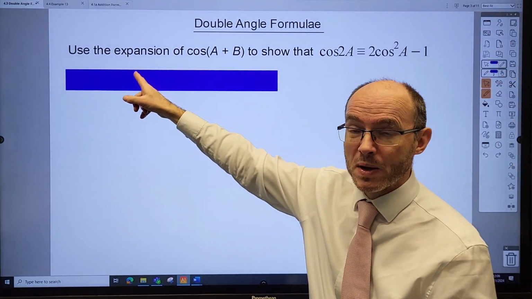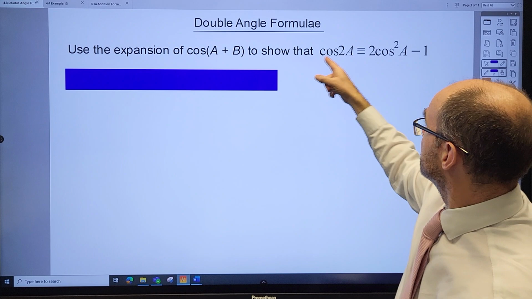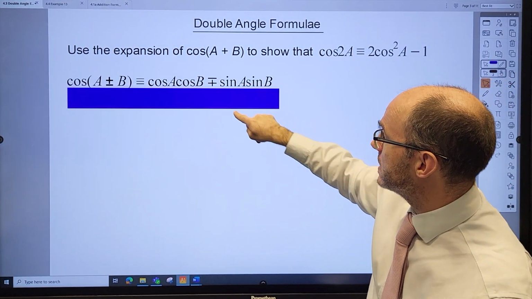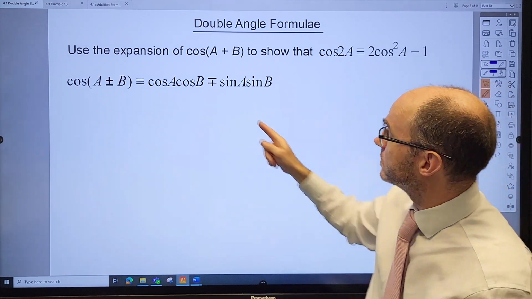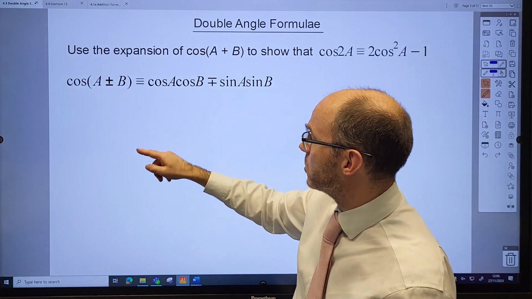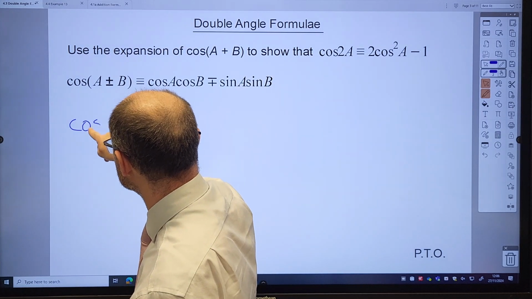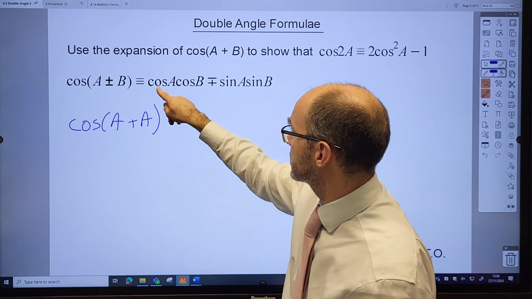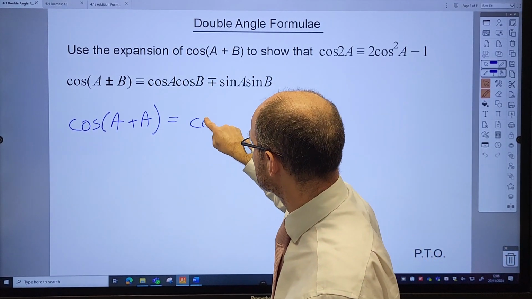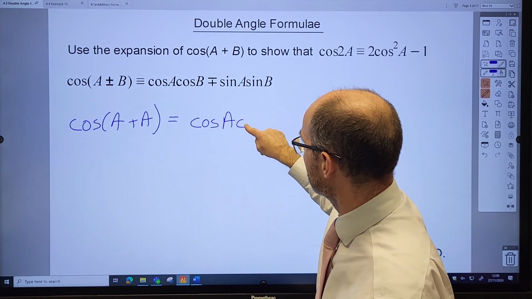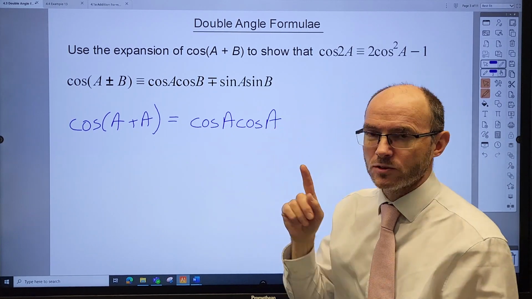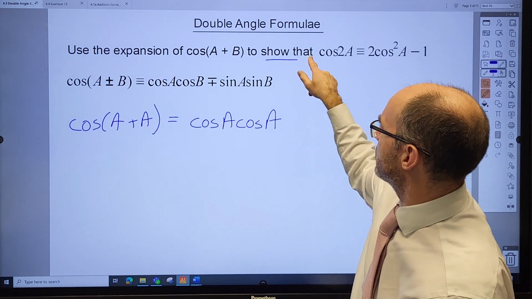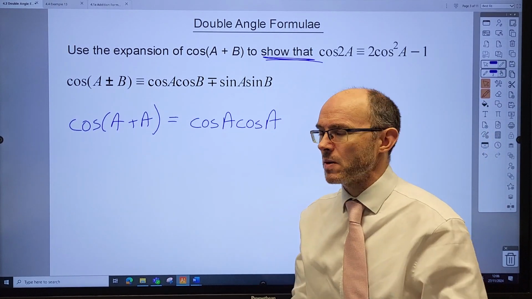So here, use the expansion of cosine A plus B to show that cosine 2A is 2 cos squared A minus 1. So here's the expansion of the addition formula. So we're going to go for the same technique of writing it as cosine A plus A. And that's going to be the same as cos A cos A, because it's to show that, it's best to write it like this. I know you're thinking that's just cosine squared A, but it's a show that, which means you've got to put in the obvious step of working as well.